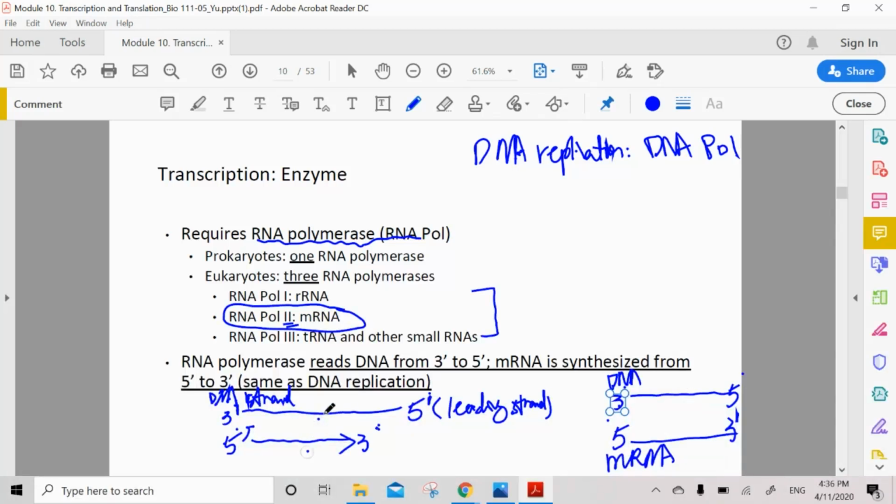Again, remember these two strands have to be anti-parallel, so they have to go in opposite directions. So here, mRNA is synthesized from 5' to 3'.